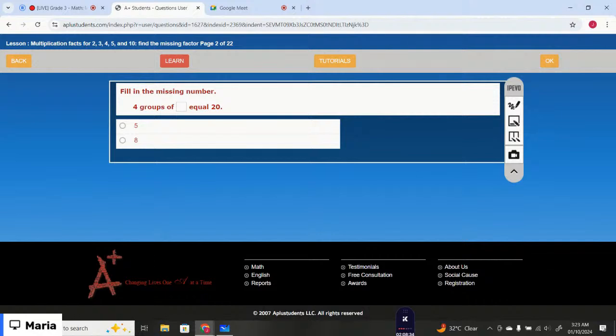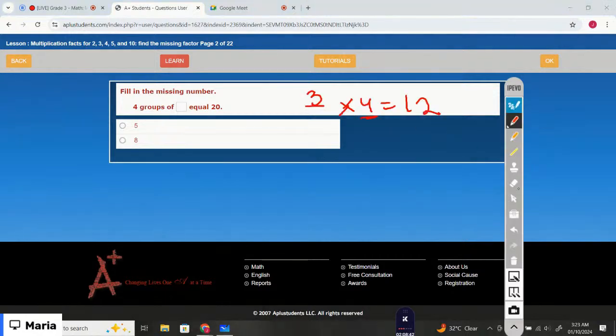Fill in the missing number. 4 groups of dash equal 20.